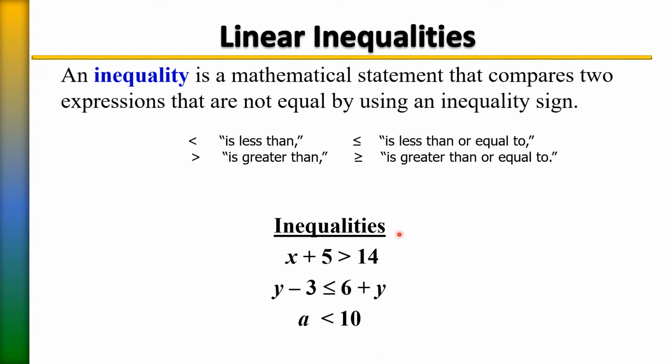These are some examples of inequalities. Again, inequalities will have an inequality symbol in them versus equations that have an equal sign. With inequalities, you won't see an equal sign. Instead, you have an inequality symbol, which really directs you on how you're going to graph the equation.